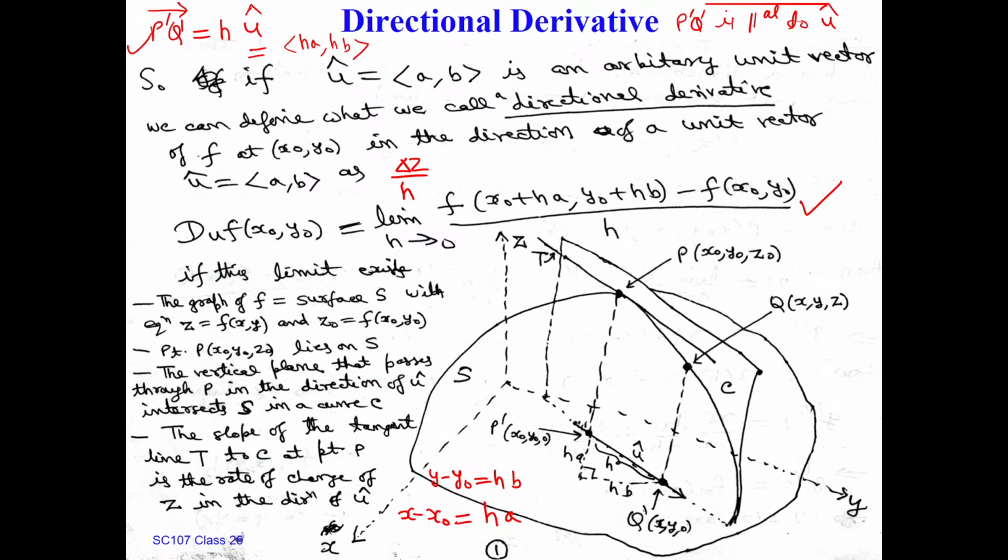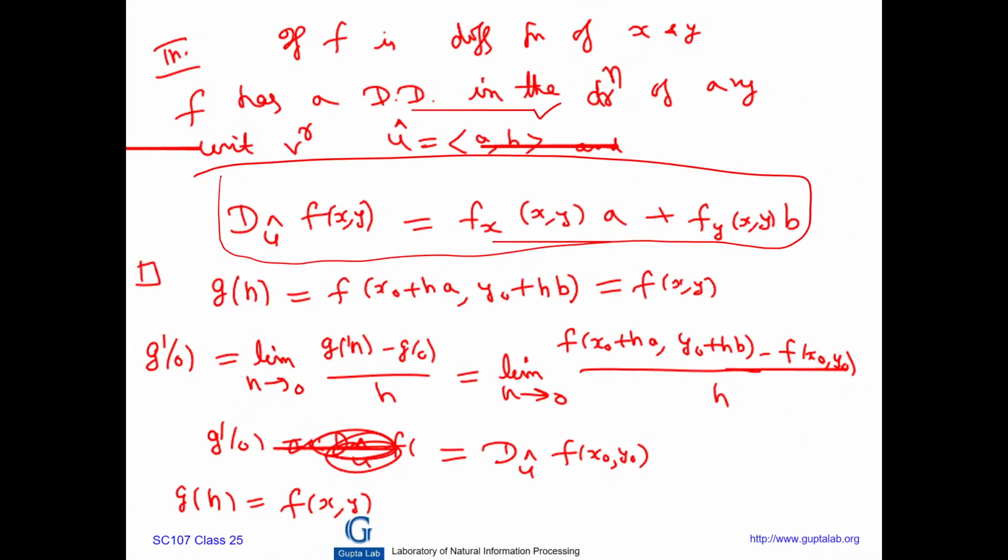The proof of this fact I am skipping right now, but it is a simple formula. It is nothing but f_x at that point times a, plus f_y times b. What is ab? The components of the vector. u is a vector (a, b). In that direction I want to find the directional derivative. Just compute this quantity. Fairly straightforward.